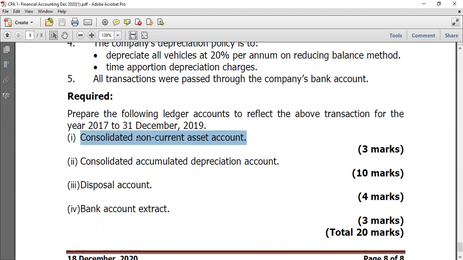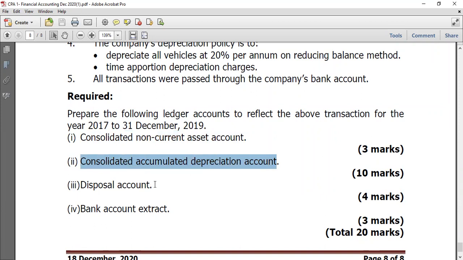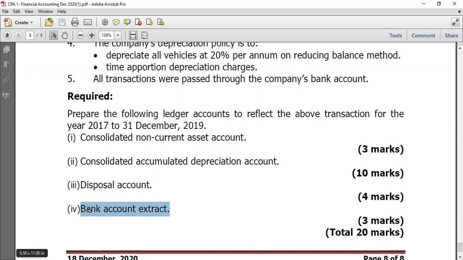They need us to draw up a consolidated non-current asset account. They also want a consolidated accumulated depreciation account, a disposal account, and then a bank account. Non-current assets, of course, are usually our fixed assets.